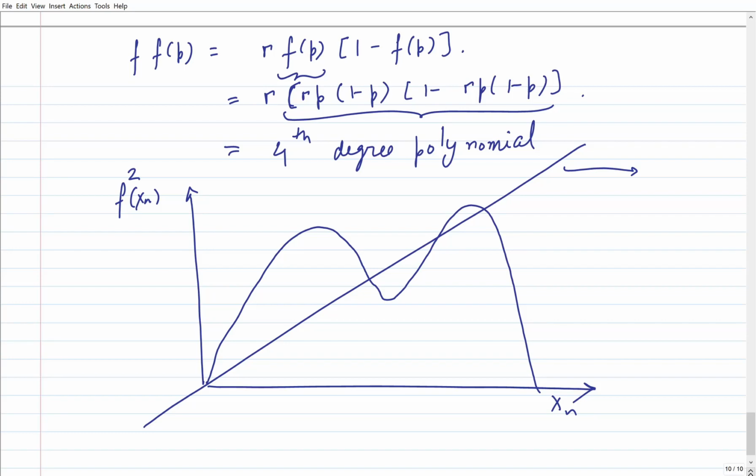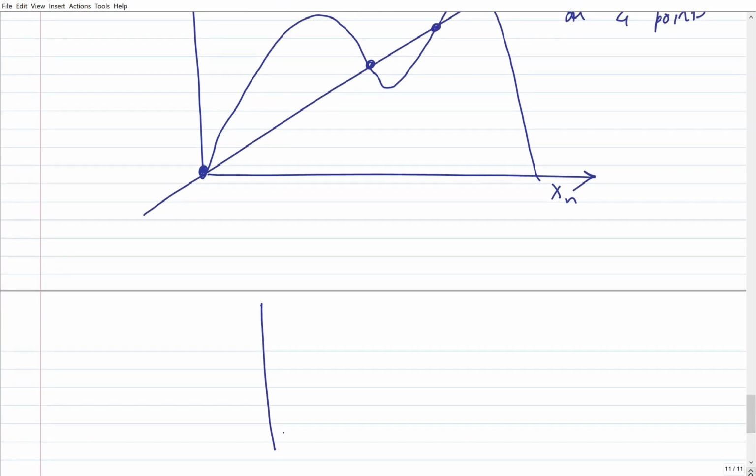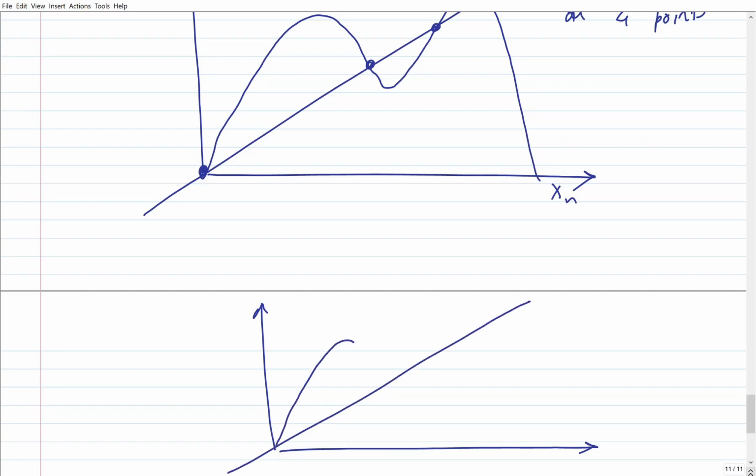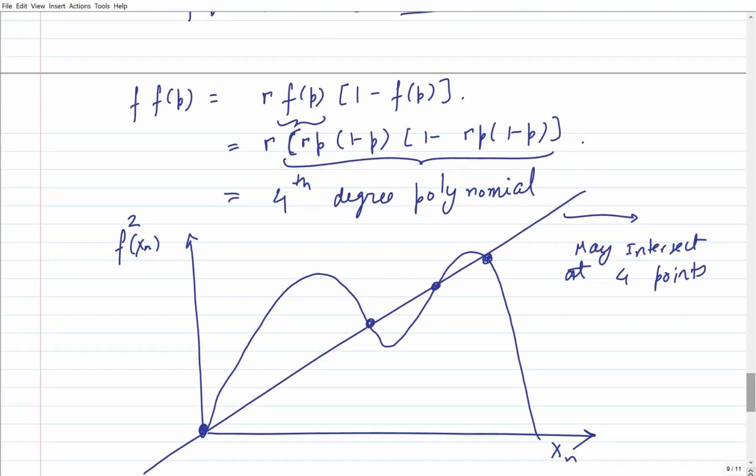Of course, I'm not drawing it, I'm just sketching it very roughly, and this may intersect the diagonal at 4 points, 1, 2, 3, 4, or at some other value of the parameters, it can just intersect at only 2 points.